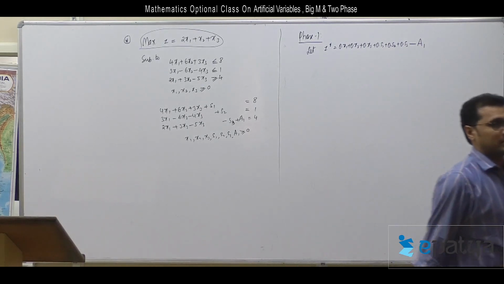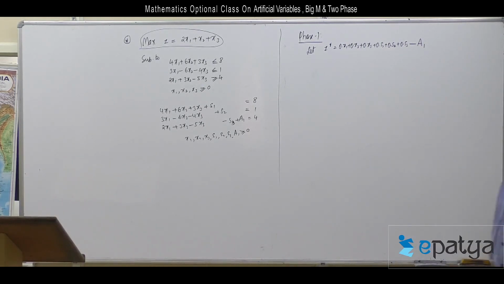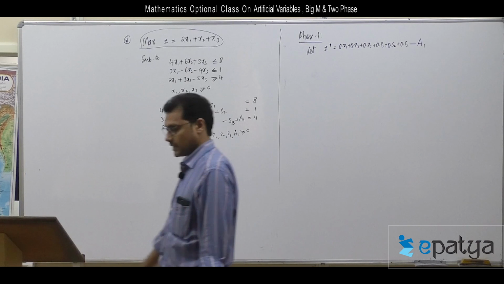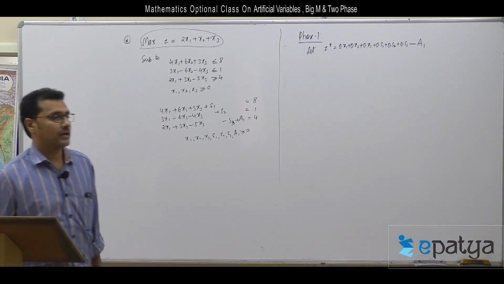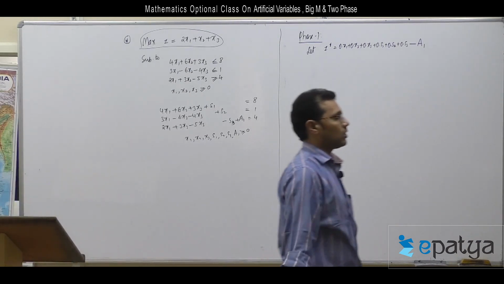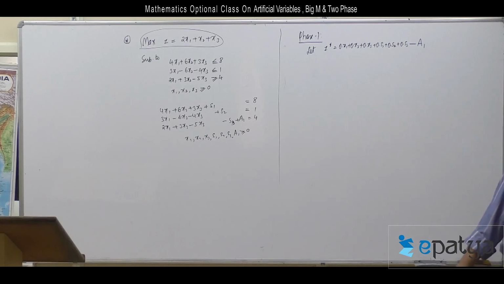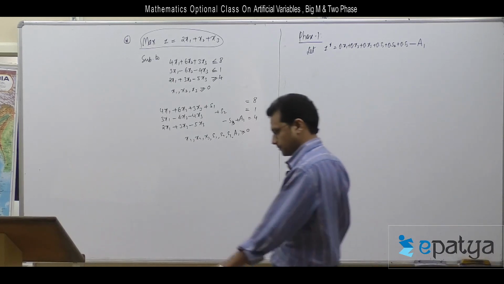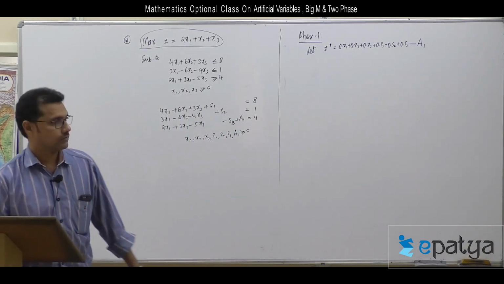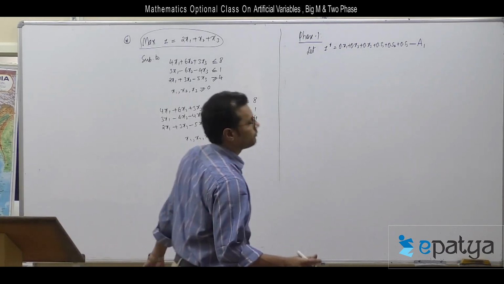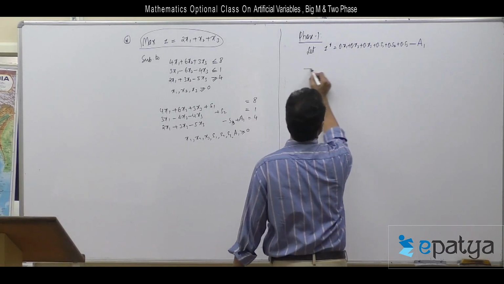Or you can mention, let the objective function be z star equal to so and so, which is obtained by giving 0 cost to all the variables and minus 1 cost to the artificial variables. Form the simplex table.